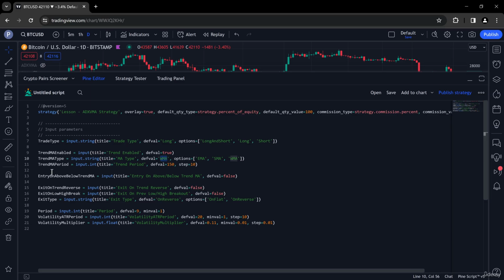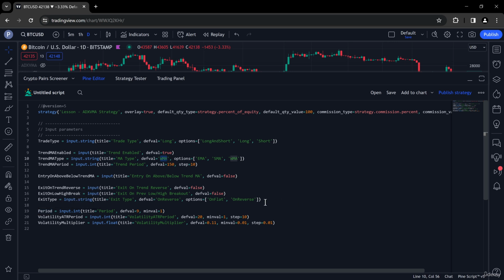Next, trend moving average period, which is a certain value for the period of our moving average. Default is 150. Next, entry on above or below trend moving average.